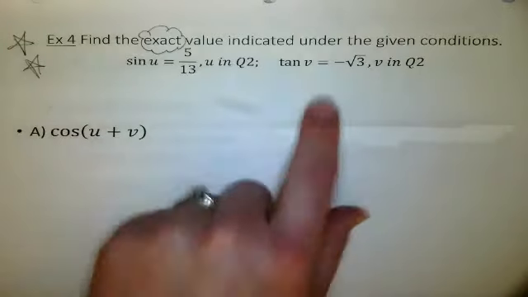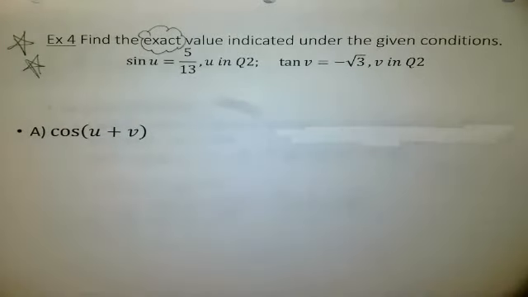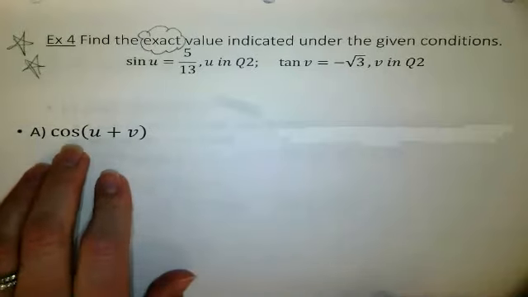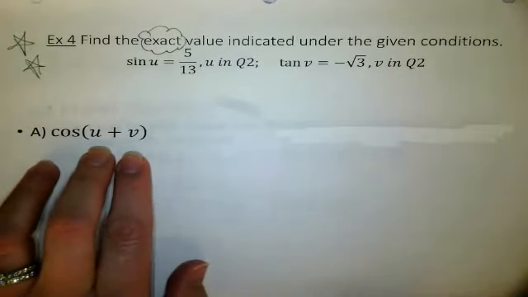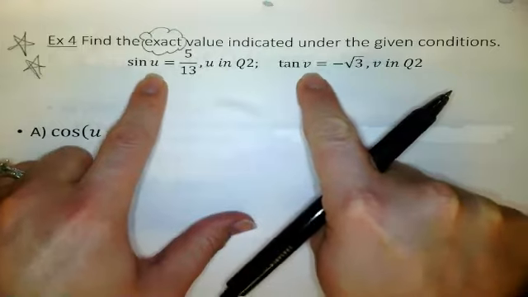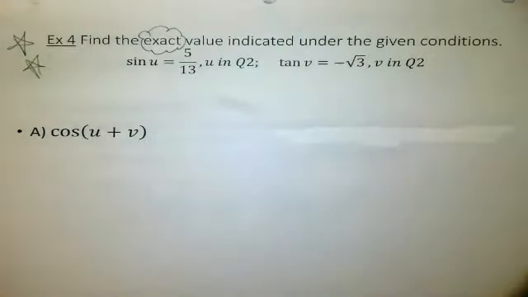And tangent of angle V is negative radical 3, and angle V is also in quadrant 2. What we want to do is find the cosine of the sum of the two angles, which I don't know. They are sort of unknown. All I have is some extra information.